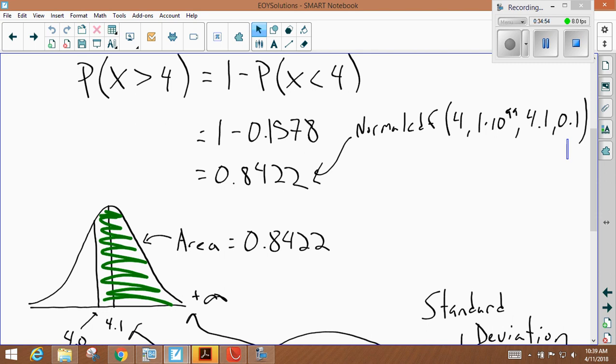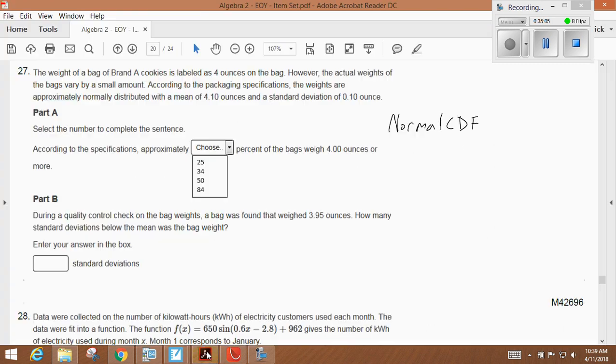You just have to put that in your calculator. It spits out the correct answer. Lower, upper, mean, standard deviation.